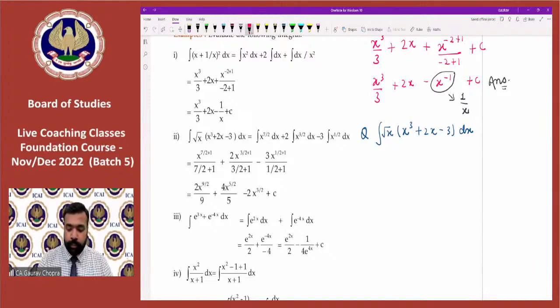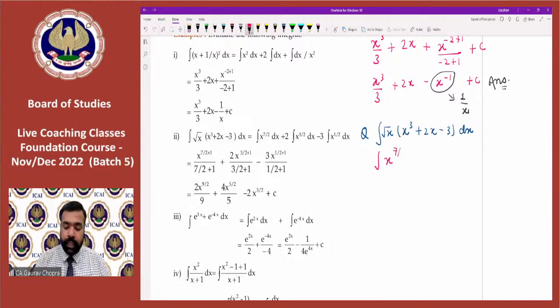So let us multiply. Root x means x to the power of half. So we are multiplying root of x with x cube. Whenever we are multiplying two things having same base, the power will get added. So what about the power of x? 3 plus half. It becomes 3.5.